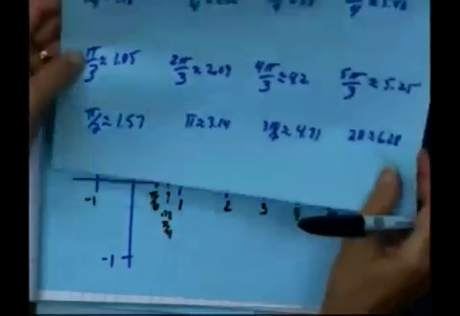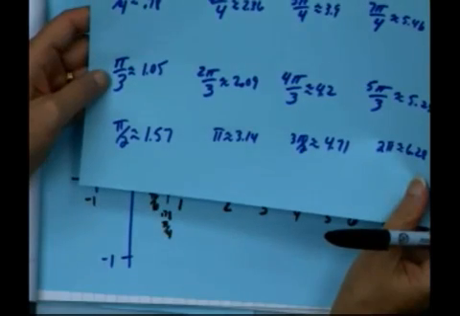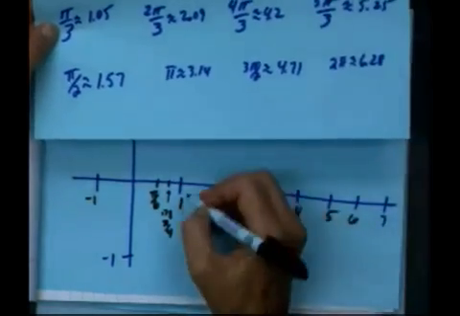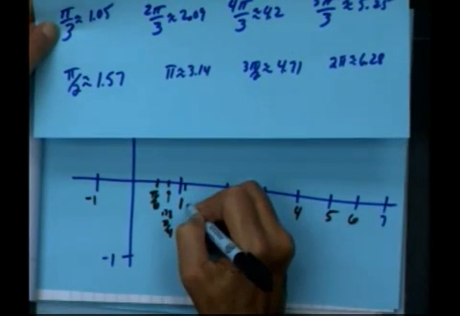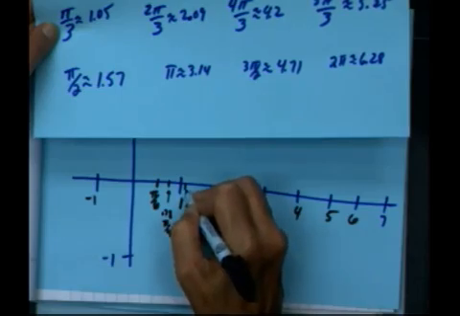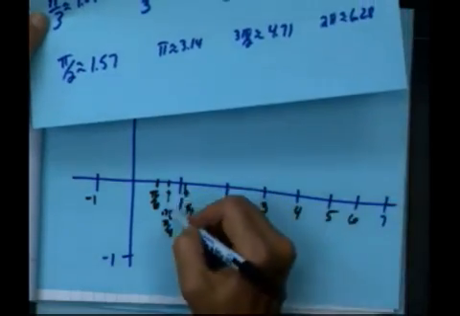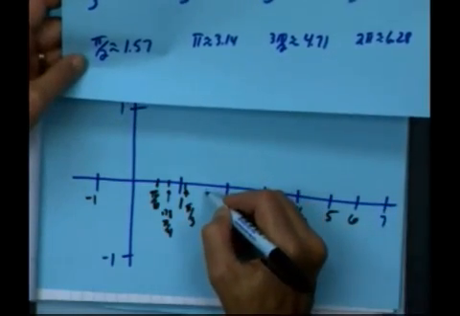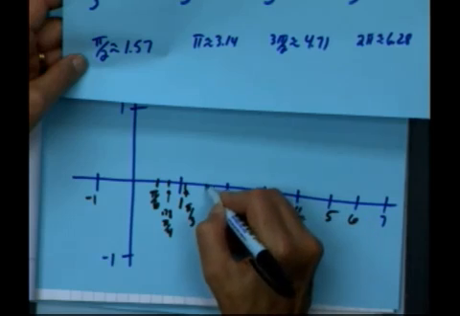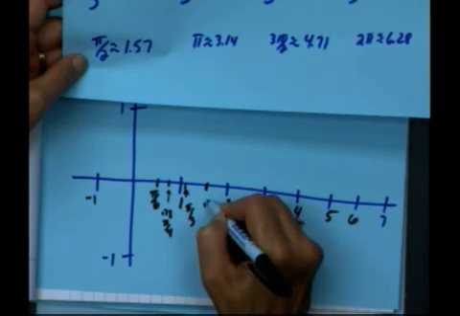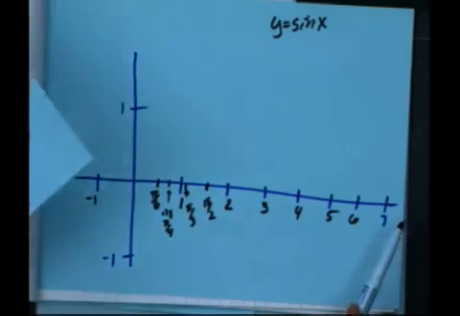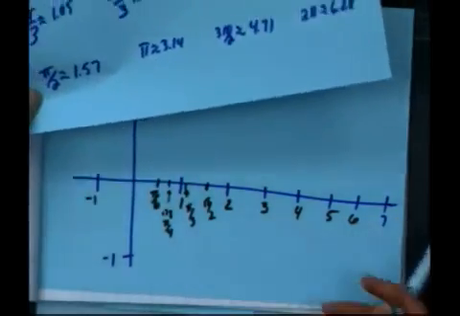And pi over 3 is about 1.05, so pi over 3 is about right here. Okay, and then we're at pi over 2, which is about 1.57, that's about halfway here. Do you see where these numbers are coming from? And so what I'm trying to do is show where they are on the real number system, the real coordinate system, the x-axis.